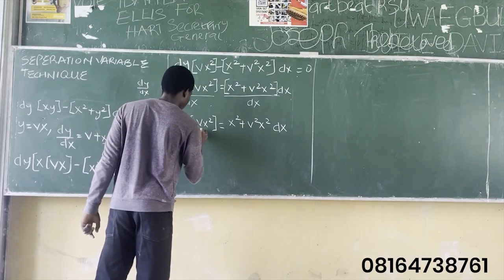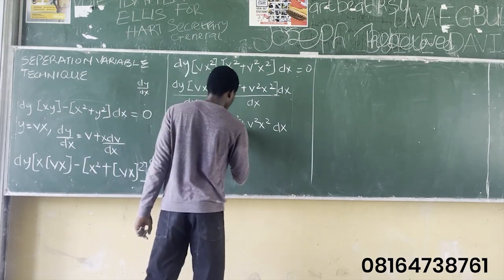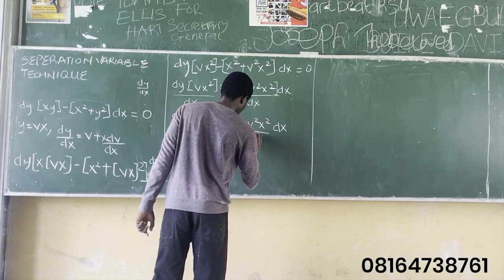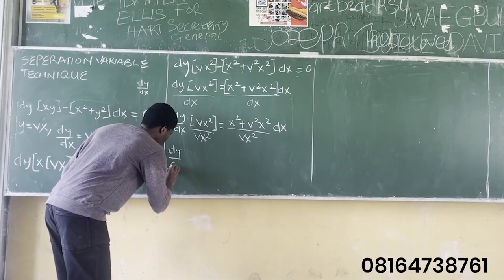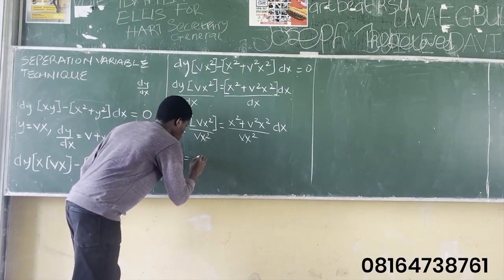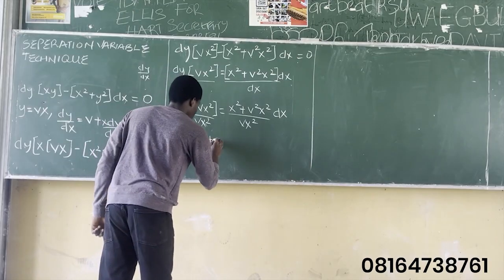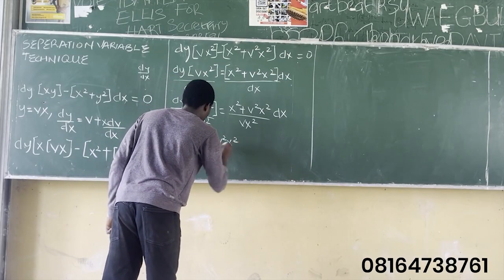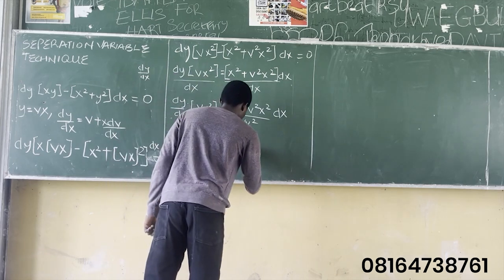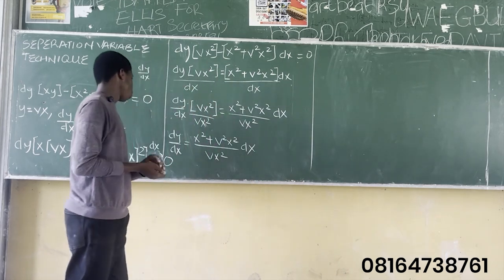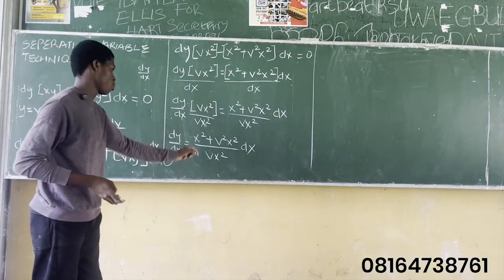If we divide all through by vx squared, we'll be left with dy over dx is equal to x squared plus v squared x squared, dx. So in the process of simplification, okay, let's substitute this first. Then I'll then further simplify this.